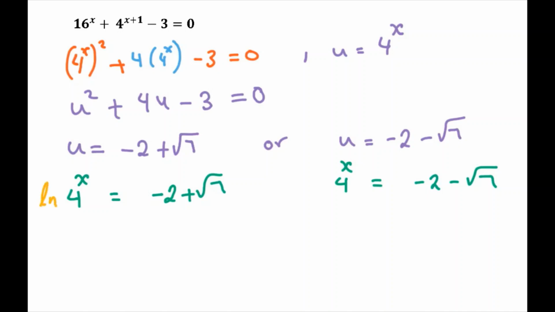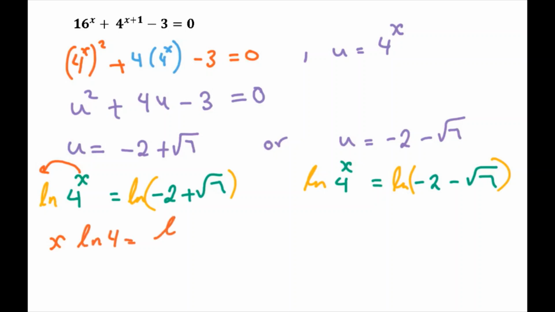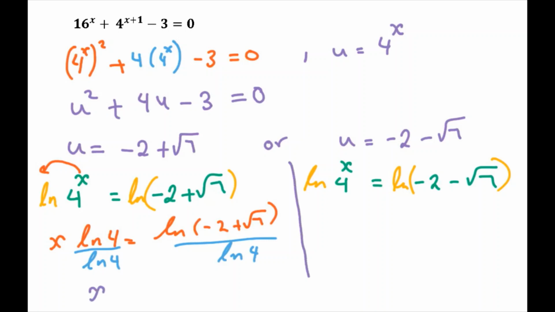Take ln or log of both sides. This x will come out. And then divide by ln 4. So x will be equal to ln of negative 2 plus square root of 7, over ln 4.